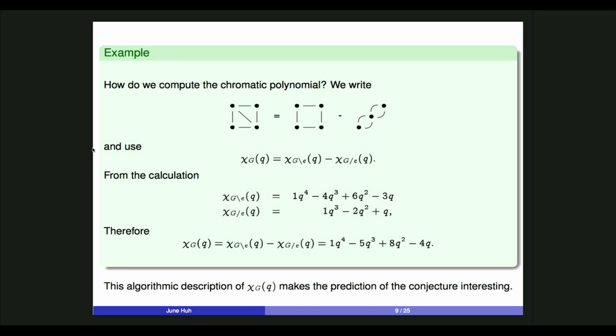Because this quadratic inequality that you have seen before, the log-concavity inequality, is not preserved under the sum of 2 sequences. In general, if you add up 2 sequences, each one of them satisfying this quadratic inequality, the sum will fail to satisfy it, unless you are multiplying in some very particular way.